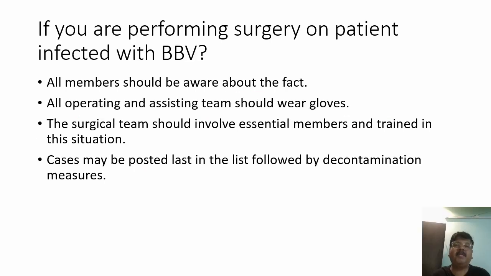Then, if you are performing surgery on a patient infected with blood-borne viruses, all the staff involved in the surgery should be aware that this particular patient has this particular infection. All operating and assistant teams should wear gloves. The surgical team should involve only essential members trained in the situation. Trained staff should be employed. The cases may be posted last in the list, followed by decontamination measures.